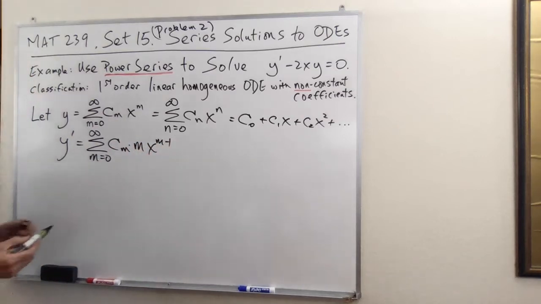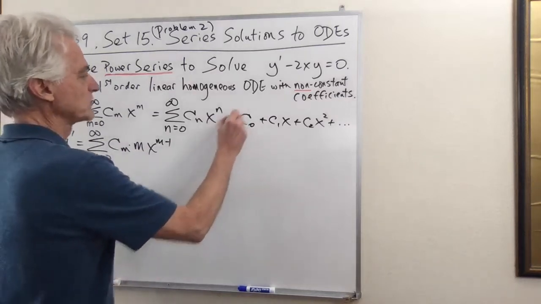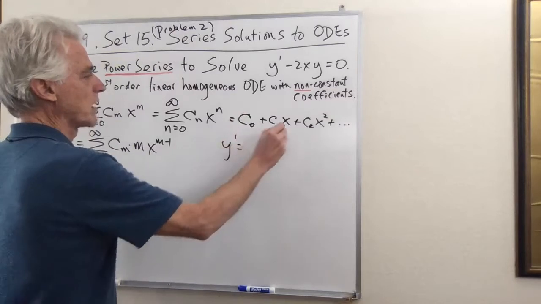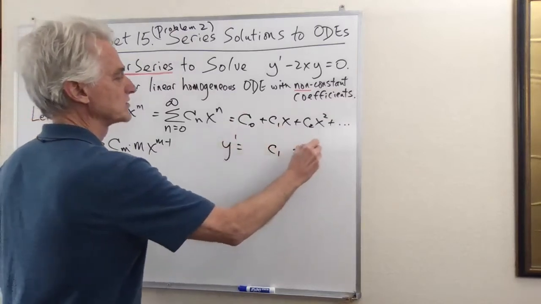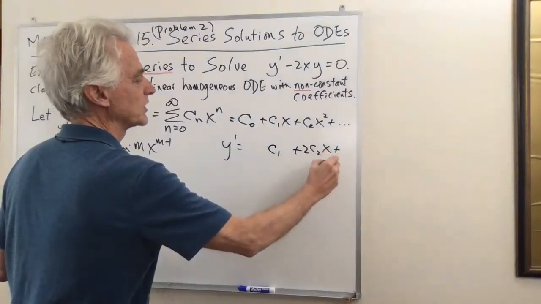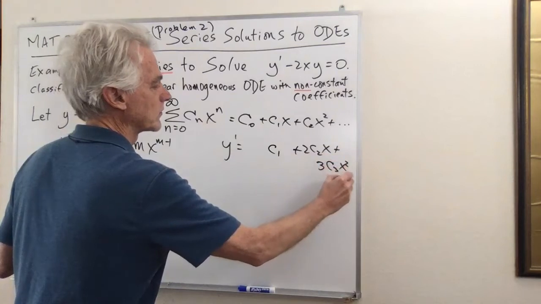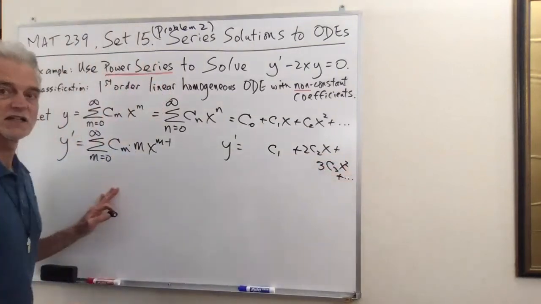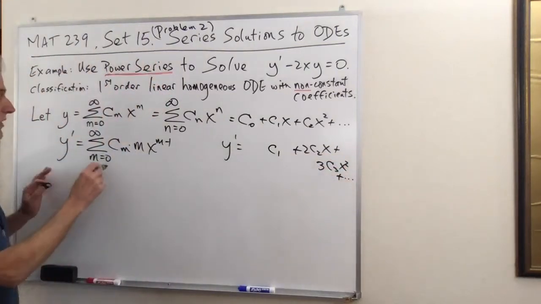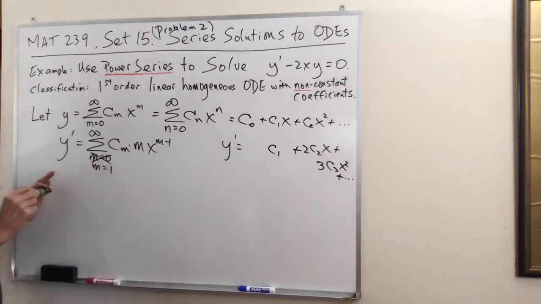Okay, now, you notice that that was y. Here y prime is going to be c1 plus 2 c2 x plus 3 c3 x squared plus dot, dot, dot. Actually, when I do this sum, it's not m equals 0, it's m equals 1 to infinity.